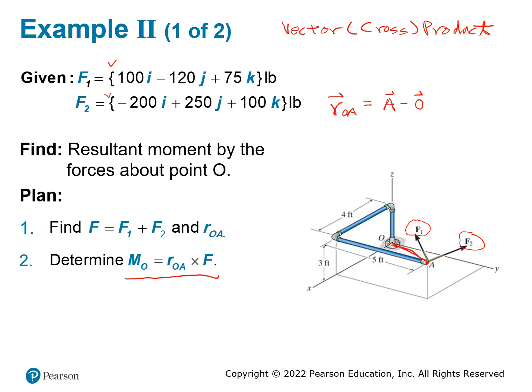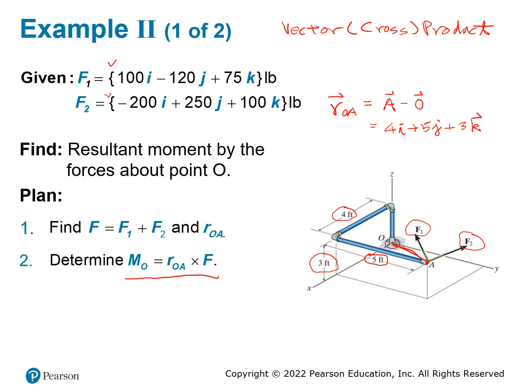So what we need is to find out the position of A. The X component is going to be 4 feet, so that's 4I, where the Y is going to be 5 feet to the positive, which is positive 5J. And then the Z direction is going to be 3, which is positive 3K. So your ROA is going to be 4, 5, and 3.